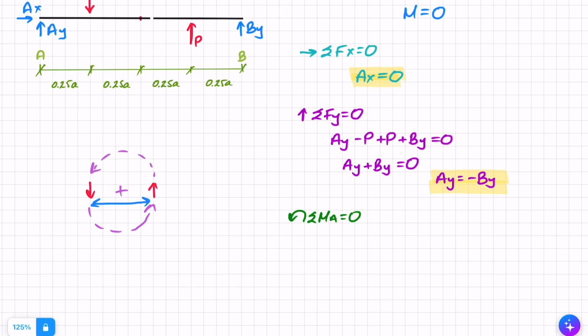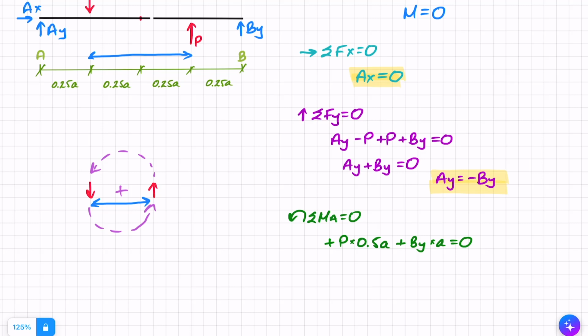So in our case here, I've got a positive moment, and that moment is P, the value of the force, times 0.5a. This is the perpendicular distance between the forces. The only other thing, apart from those two forces contributing to moment, is that reaction at B, which also gives me a positive moment. So that is plus BY, and this time the distance is the whole distance from A to B, so times a equals 0.